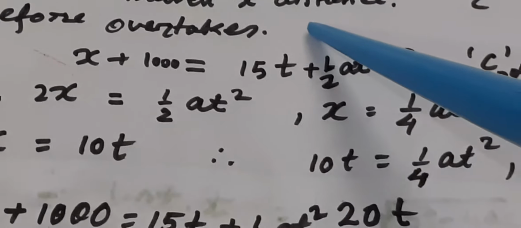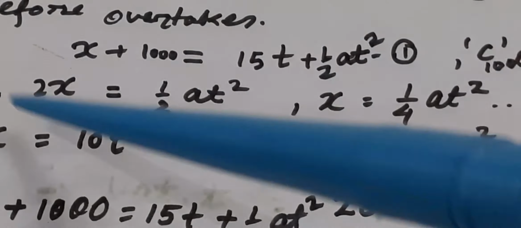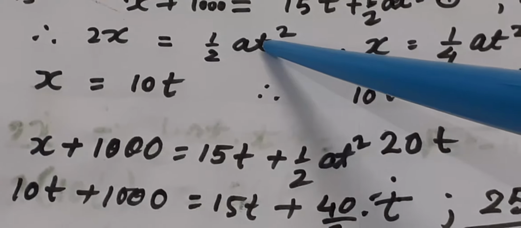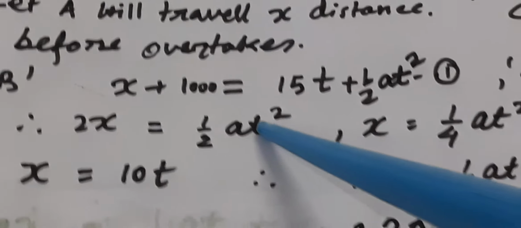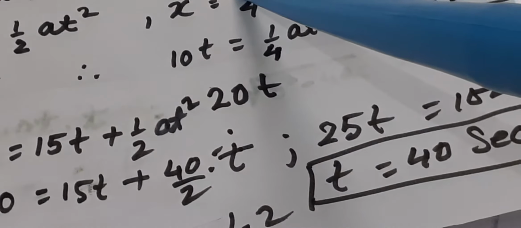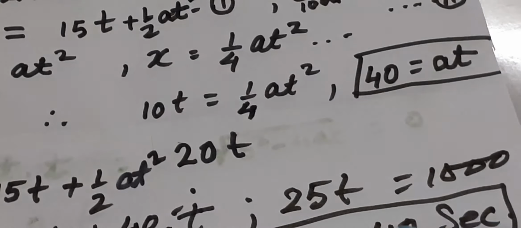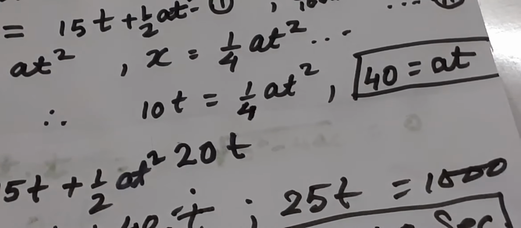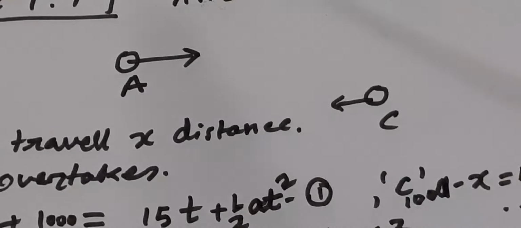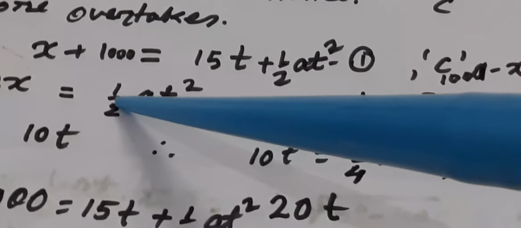Use these three equations and simplify, and you will get 25t equal to 1000. T will be 40 seconds. That means after 40 seconds, B can catch car A.